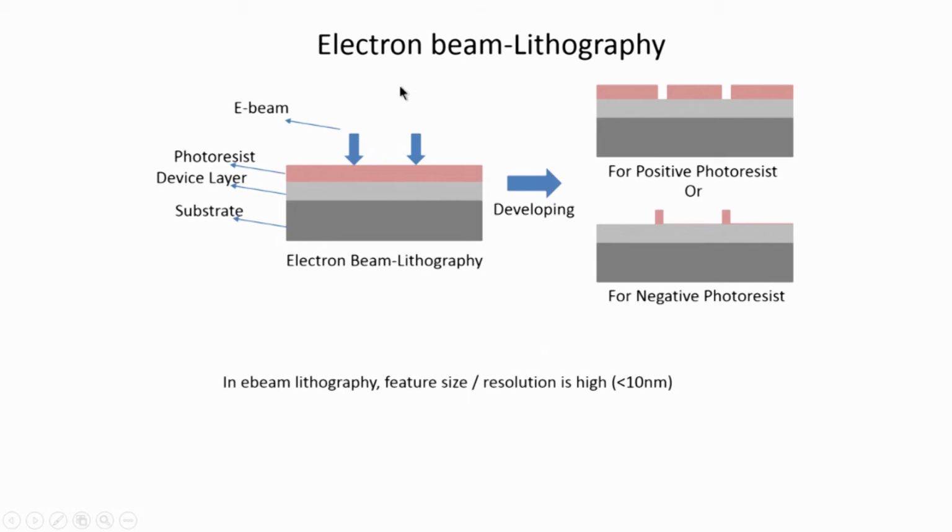You have a design pattern in a computer for example, and then directly the electron beam can expose the photoresist to the pattern. So, that is one of the important recent developments where you need not make a separate mask for exposing this photoresist. Once again you have positive photoresists or negative photoresists as we discussed for optical lithography. So, the resolutions possible are of the order of a few nanometers.